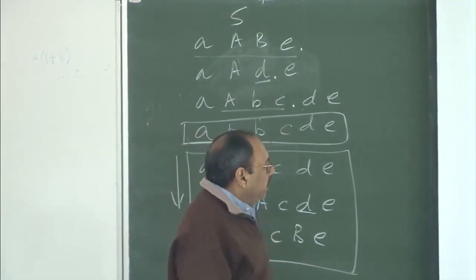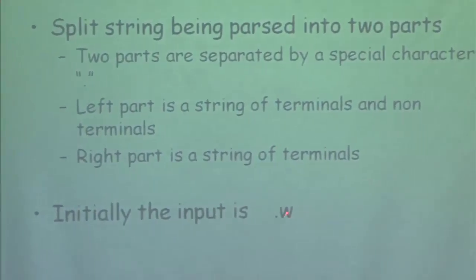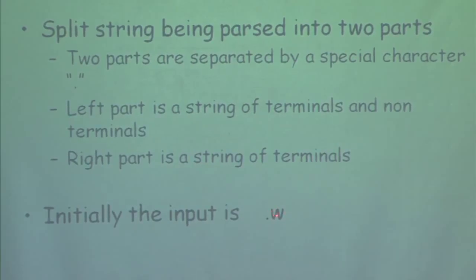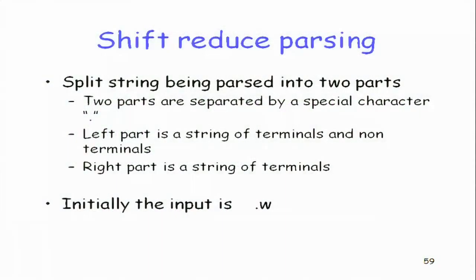Okay? So initially, my input is that dot is on the left hand side of the string I am trying to match, and what is the final position? Final position is going to be that on the right hand side of dot is going to be null, and on the left hand side of dot is going to be the start symbol. So my final position is going to be something like this, which is here, and initial position is going to be something here.